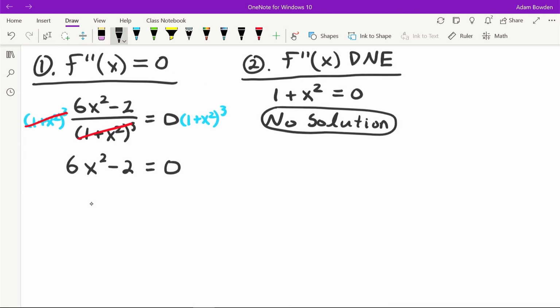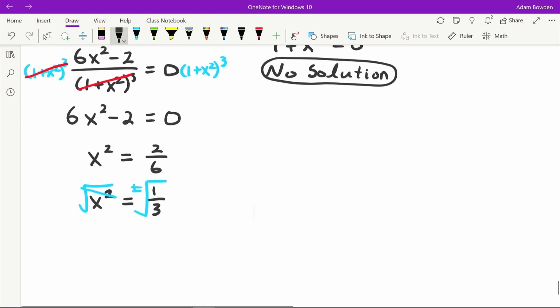If we add over the 2 and divide by 6, we would get x squared is equal to 2 over 6, or x squared is equal to 1 over 3. But that forces us to take the square root of both sides with plus or minus, just to bring it down to regular x equals.